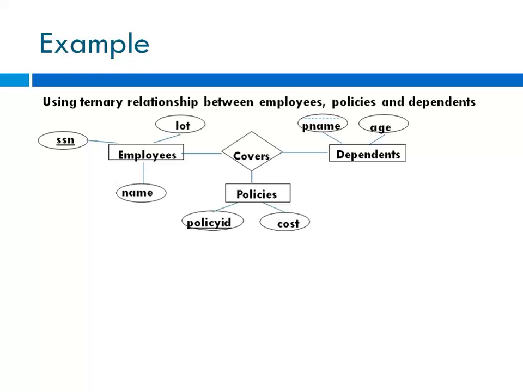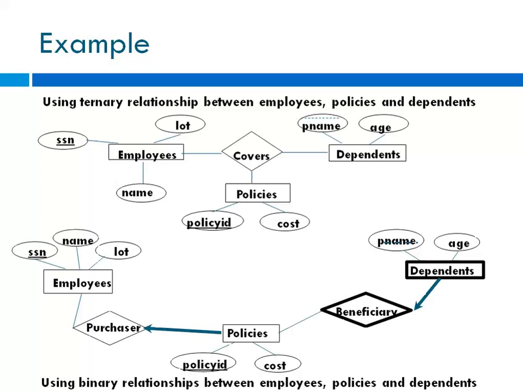So it does not allow us to see what type of policy is taken by which employees and which dependents are related to which policy taken up by the employee. If we break down this ternary relationship into two binary relationships, then the problem becomes easier. So here we have defined three entities: employees, policies and dependents, and the employees and policies are related with the relationship purchaser, and policies and dependent entities are related with the relationship beneficiary.